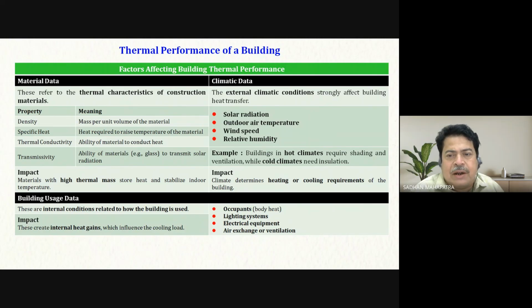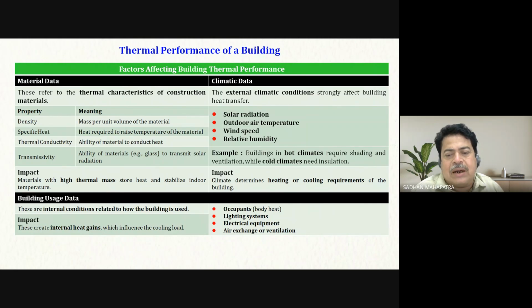The climatic data, that is the external climatic conditions, strongly affect the building heat transfer. So obviously the solar radiation, outdoor air temperature, wind speed, and relative humidity. For example, a building in a hot climate requires shading and ventilation, while a cold climate needs insulation.